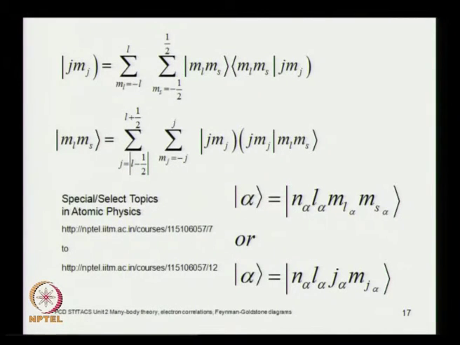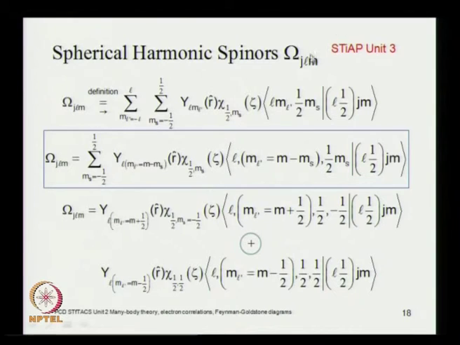But I just want to mention that you can use either of the 2 designations, depending on the coupling scheme. In the j, m basis you have these spherical harmonic spinors which have 2 rows and 1 column. So, you can write these wave functions in terms of these spherical harmonic spinors, instead of the m_l, m_s basis.